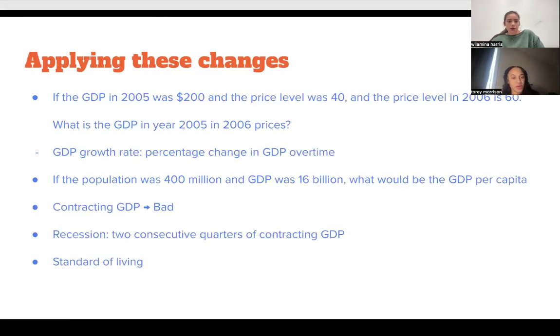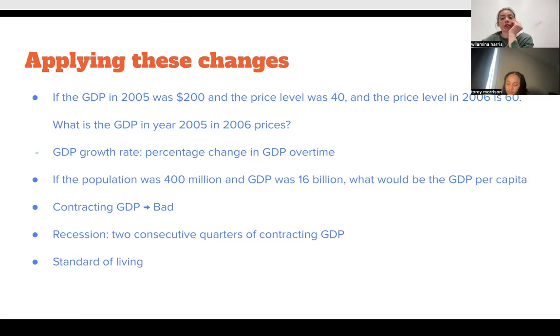Okay. So back to this. This problem is explaining correcting for inflation, which is nominal GDP versus real GDP. Nominal GDP is the price value for that year, so it's not correcting for inflation. And real GDP is correcting for inflation. Here, GDP in 2005 was $200, the nominal GDP, because that's the price level.